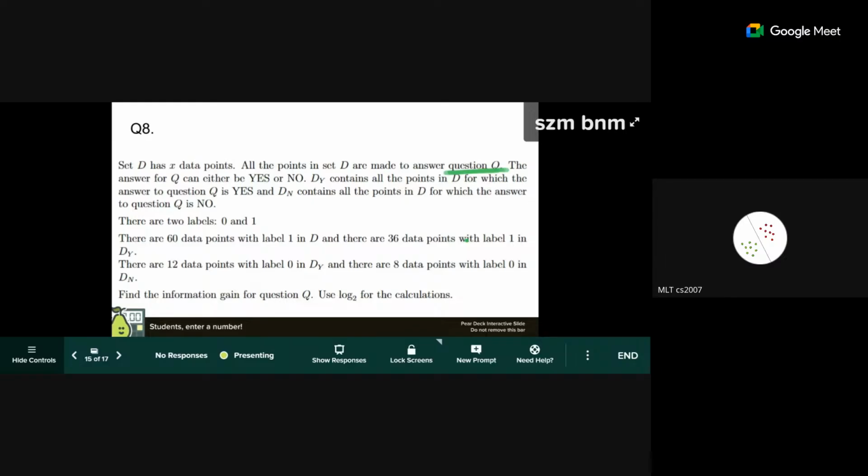There are 60 points with label 1 in D, and there are 36 points with label 1 in Dy. Then there are 12 points with label 0 in Dy and 8 points with label 0 in Dn. You have to find the information gain for the question Q.